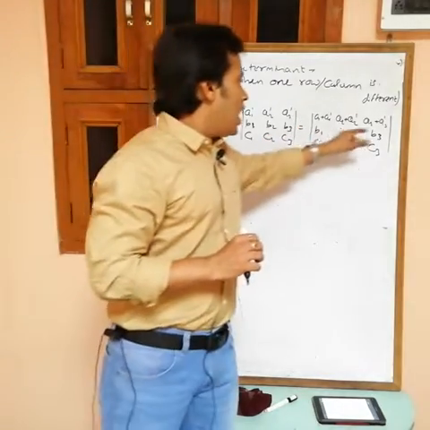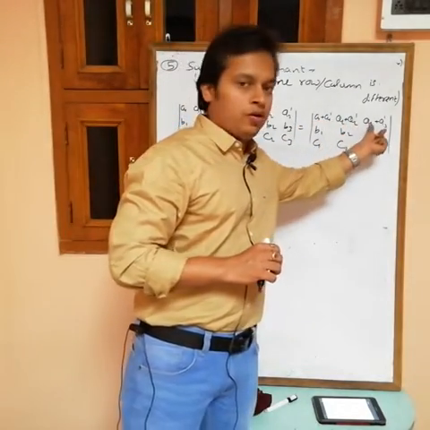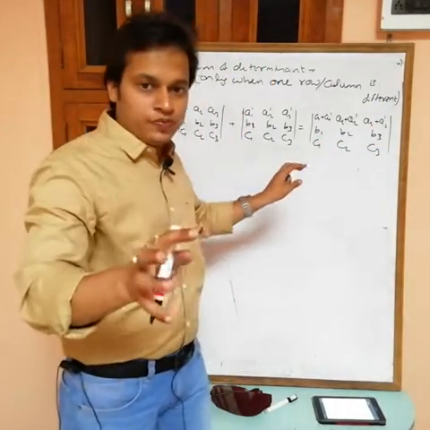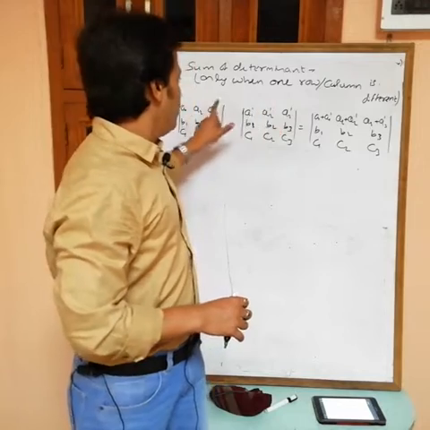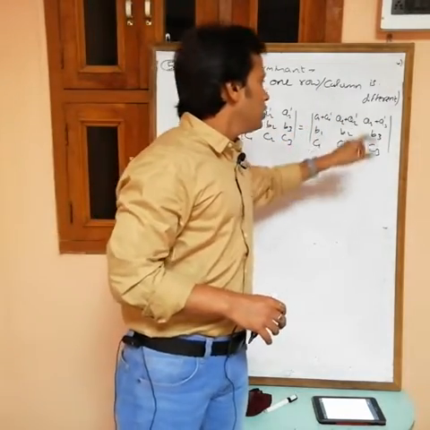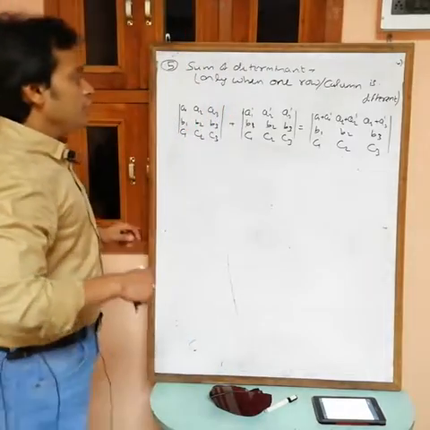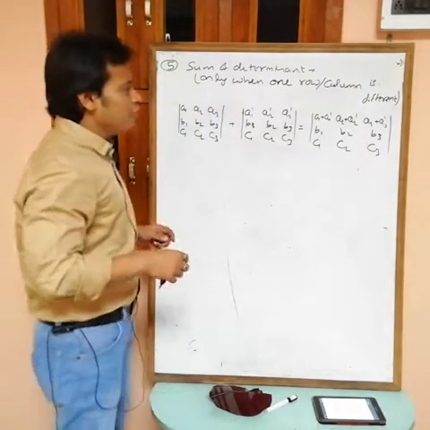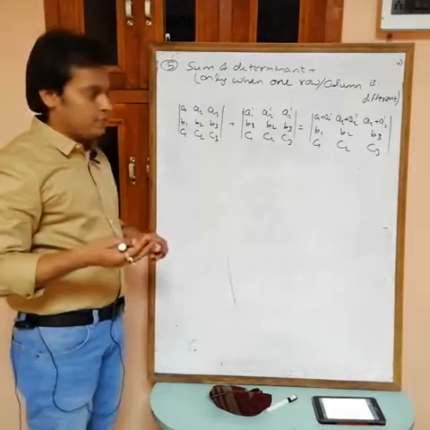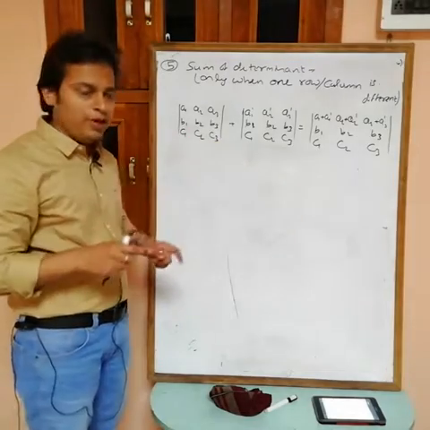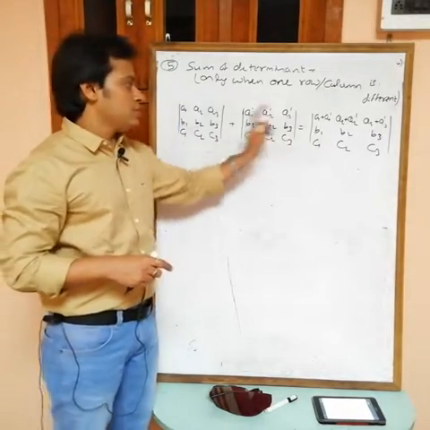See, in R1 every element is written as a sum of two elements. Now you can separate this one. These remain the same, and in one determinant write A1, A2, A3, in the other A1', A2', A3'. So if all the elements of any one row or column are given as a sum of two elements, then you can break the determinant into two parts this way. This is equal to this one.